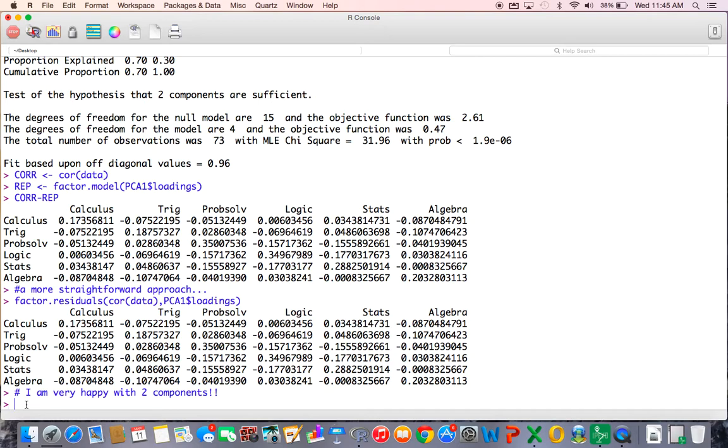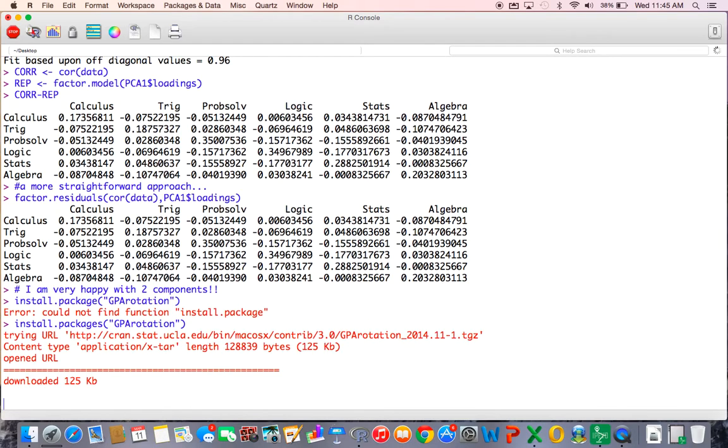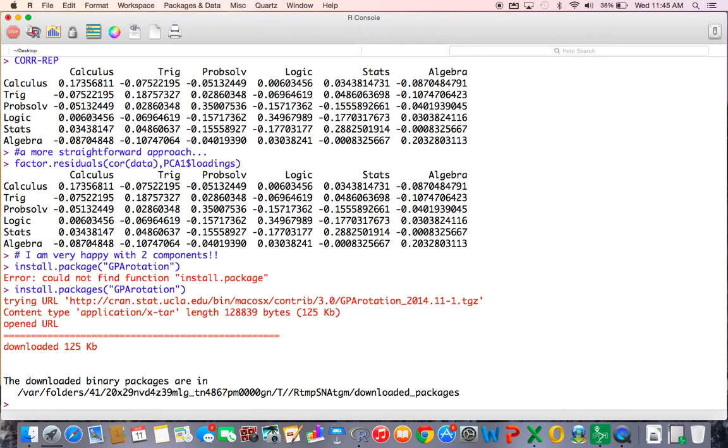So first thing I have to do is install a package called GPArotation. Install packages. All right, so done.